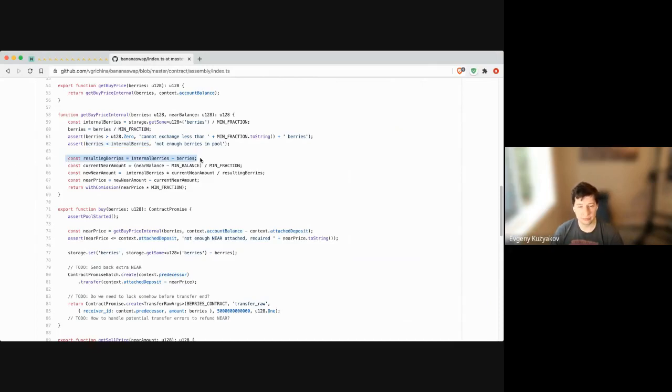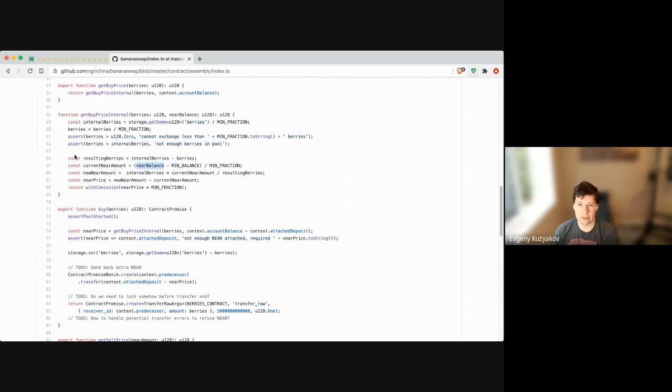Finally, it calculates how many berries remain in the pool. It calculates the near amount without the storage required balance, so it uses the actual amount of near in the pool on this account. It's not the remembered amount, which is important.